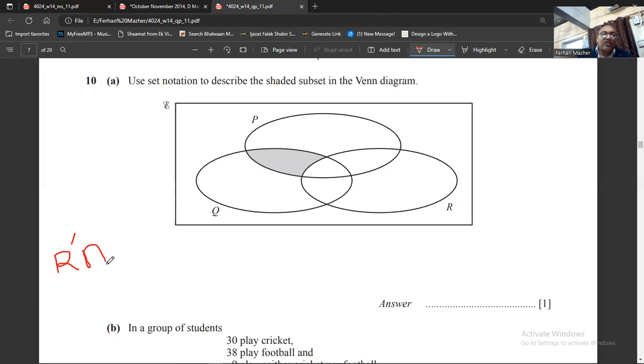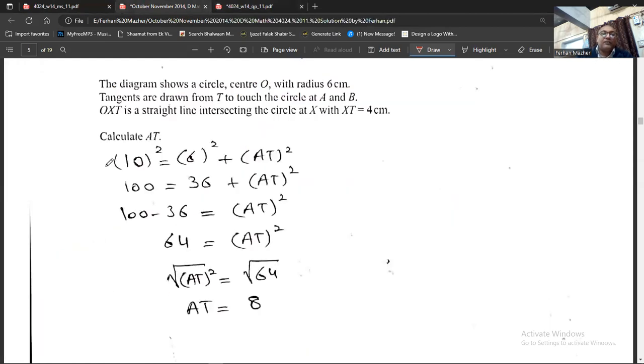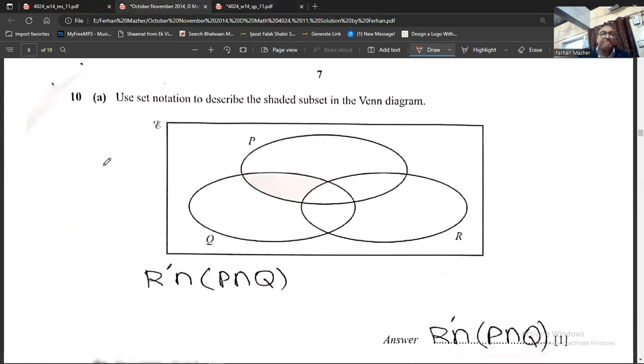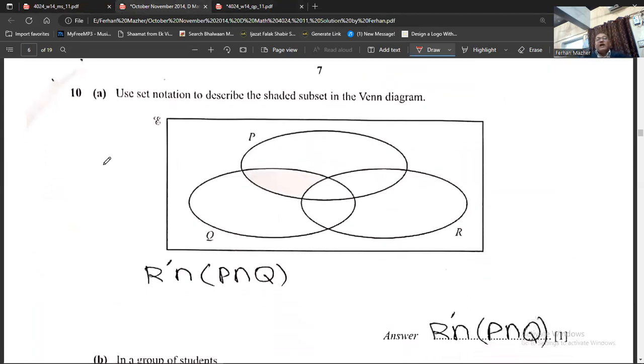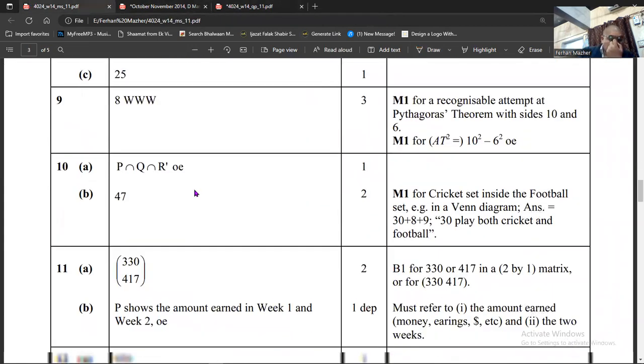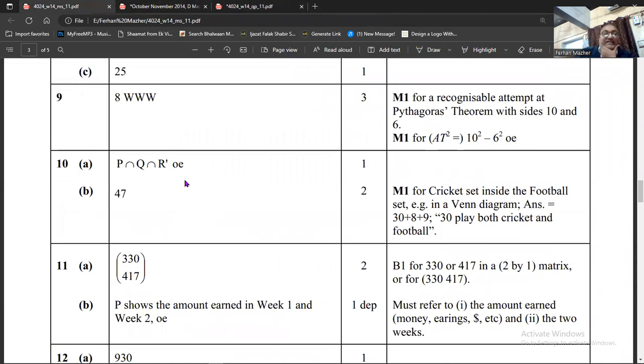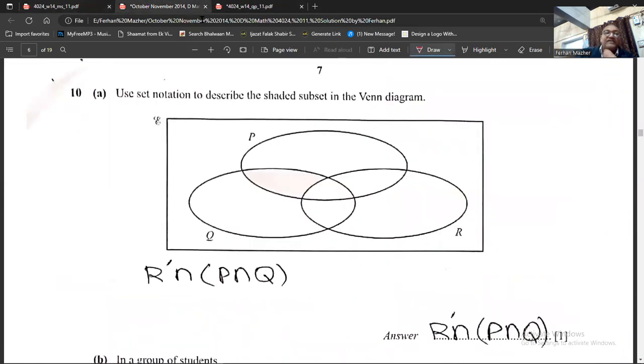And not all the R complement, but the portion which is common between the P intersection Q. Okay. So let me show you. So this will be R complement intersection P intersection Q. So our answer is right. Hopefully you understand.